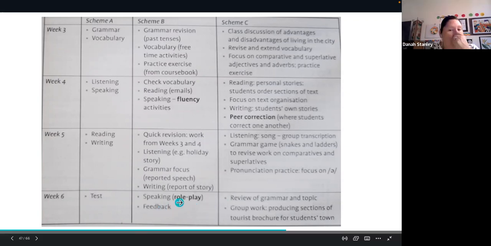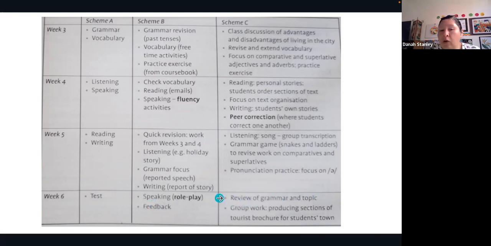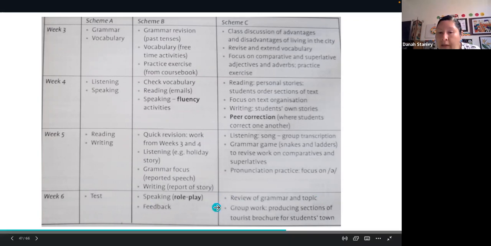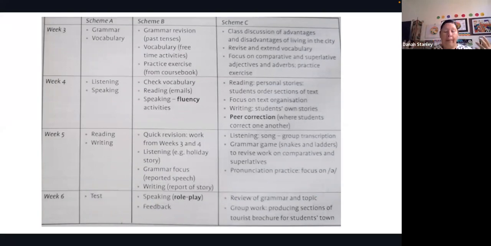Okay, entonces the final evaluation is going to be a speaking activity, which is going to be a role play, where they are going to be tested on the accuracy and the group work. That is the interaction. Remember that we analyze that interaction and accuracy are two sub-skills.